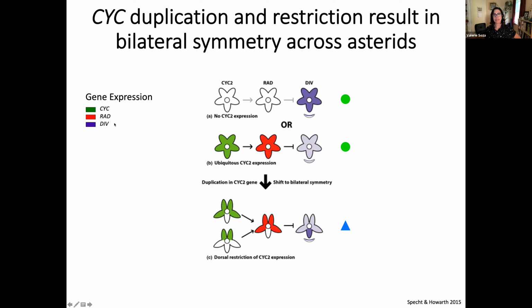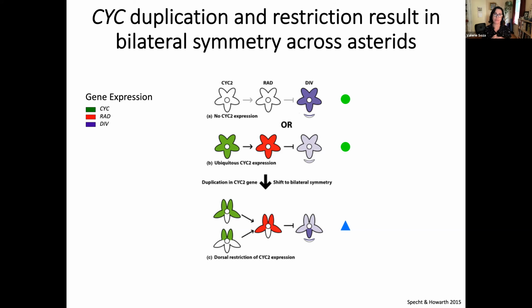Across asterids, you can get radially symmetric flowers basically two ways. You can, as I showed earlier in snapdragon, if there's no expression of cycloidea throughout the petals, then you do not get any expression of radialis throughout the petals. And then divaricata can expand across all of the petals, making them similar looking and creating a radially symmetric flower.